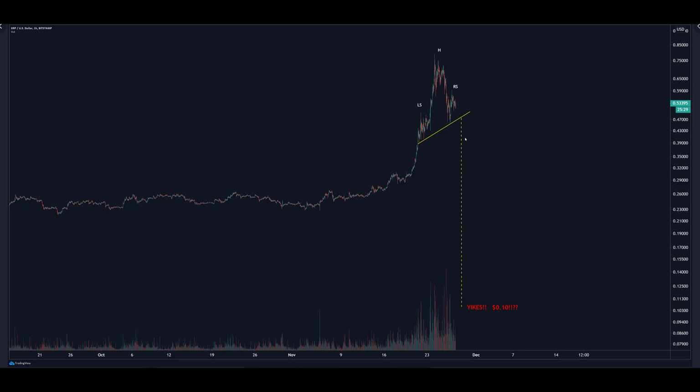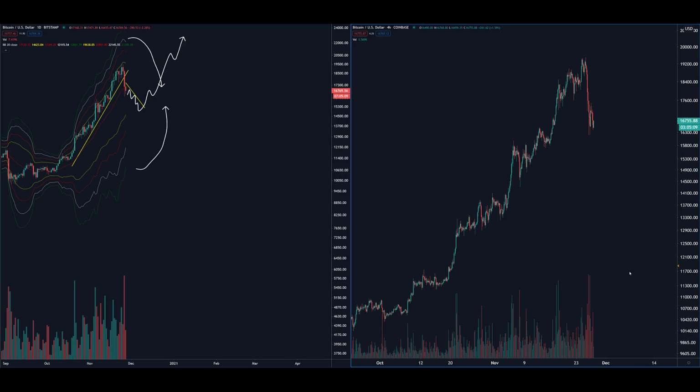If we measure the distance it can potentially travel, it is 10 cents. This is also a left-leaning head and shoulders top, which is quite often the most dangerous type. Volume so far is confirming. We have a left shoulder, head, and probably a lower right shoulder. So keep this in awareness. I think awareness keeps the panic away.